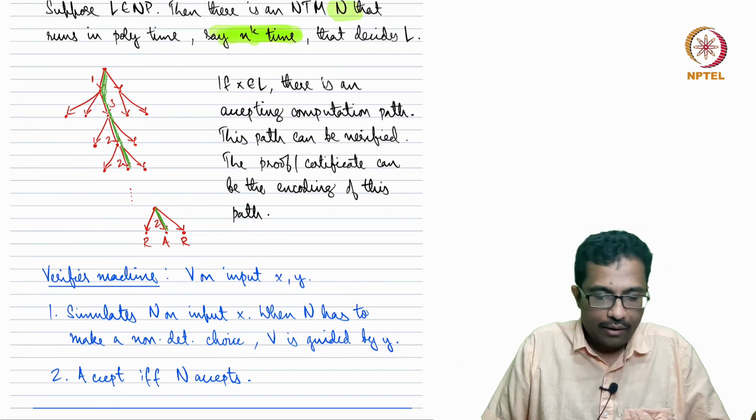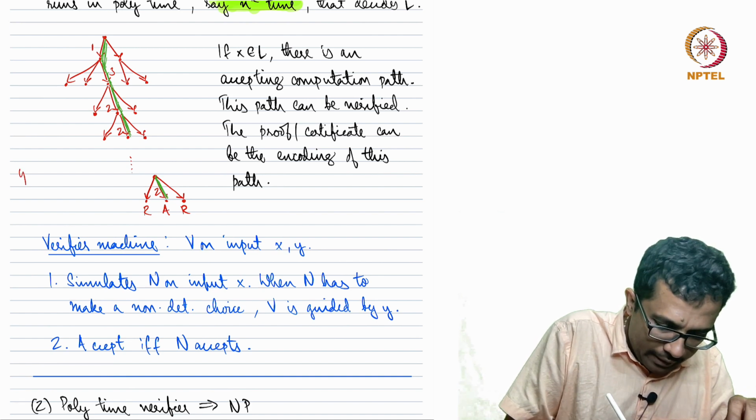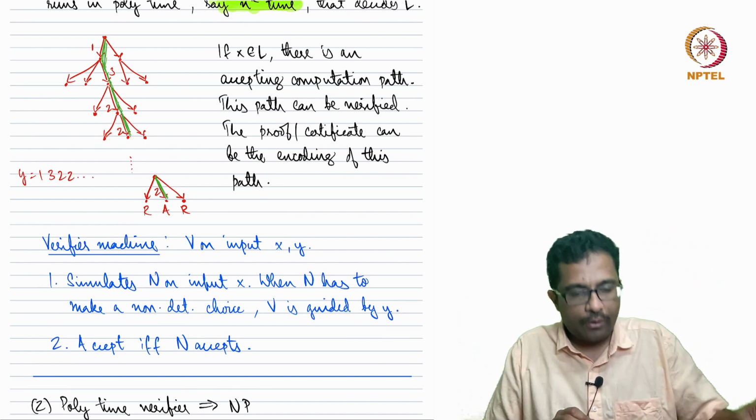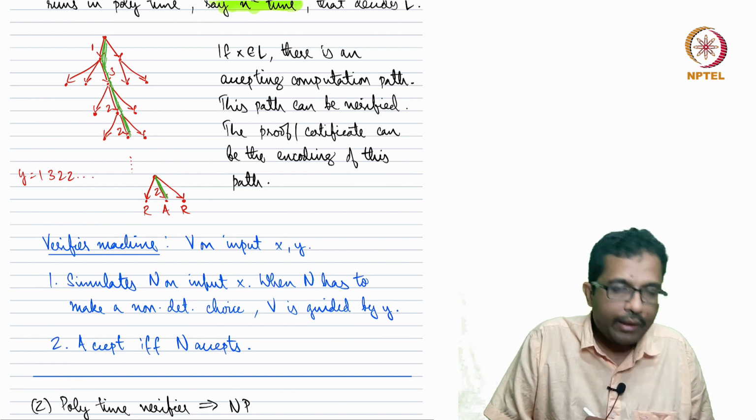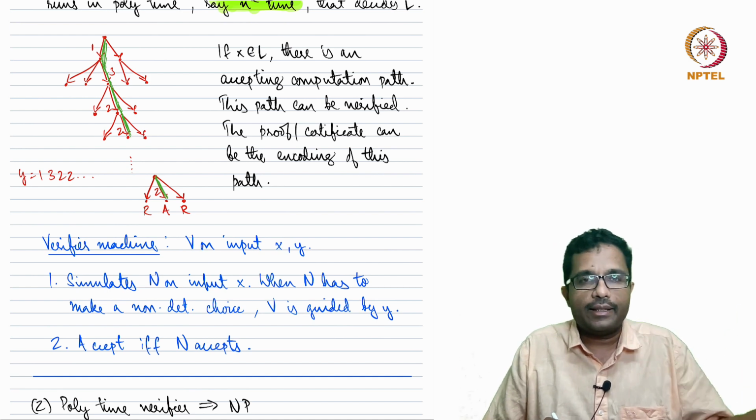So y could be the string that says 1 followed by 3 followed by 2, and so on. By this we are trying to encode that you first take the first option, then you take the third option, then you take the second, and so on.